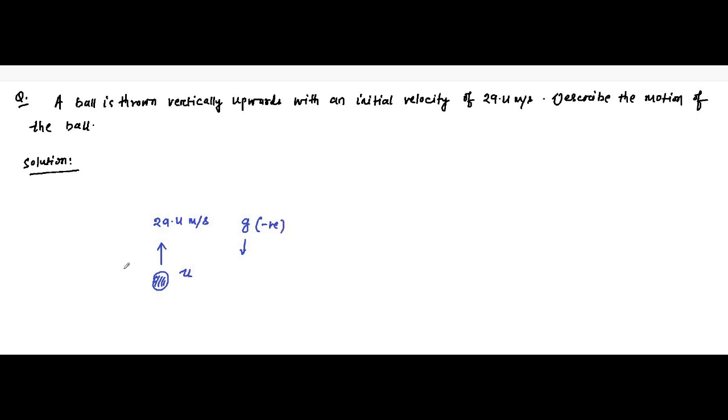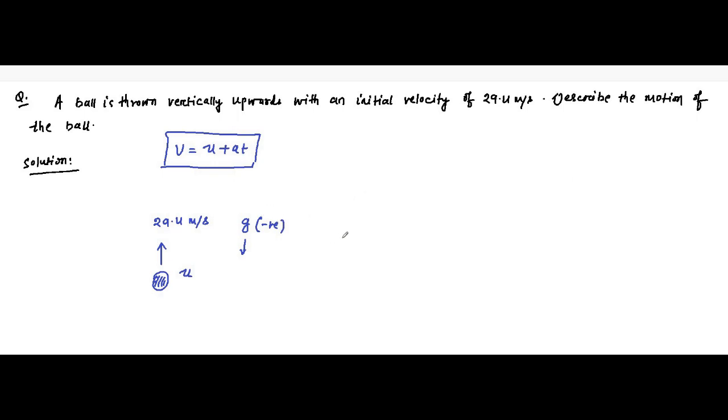Okay, so here describing the motion of the ball means to find the velocity after each second. So the appropriate equation will be v equals u plus at, because these are the only parameters which we know.